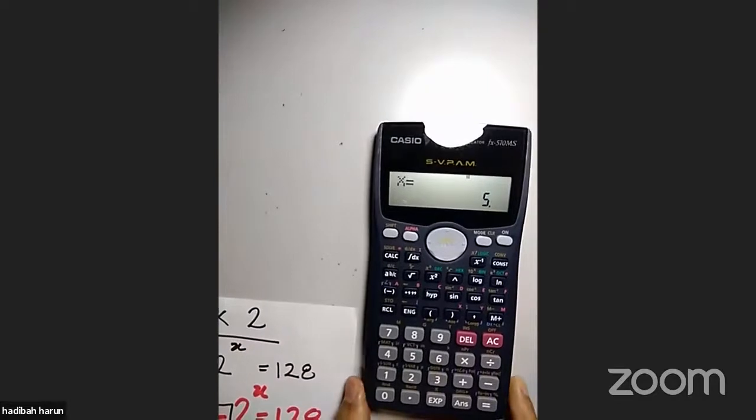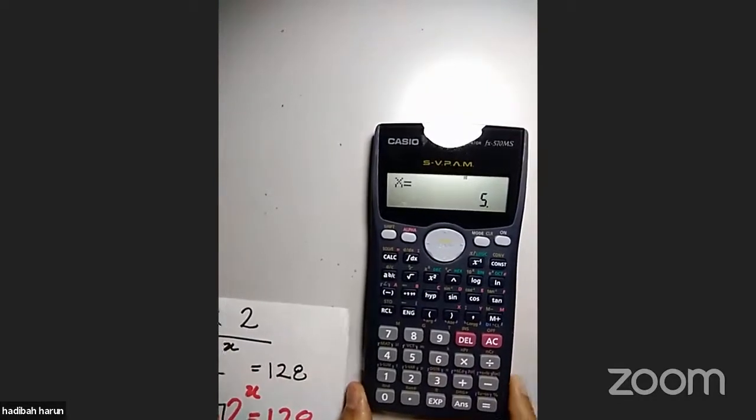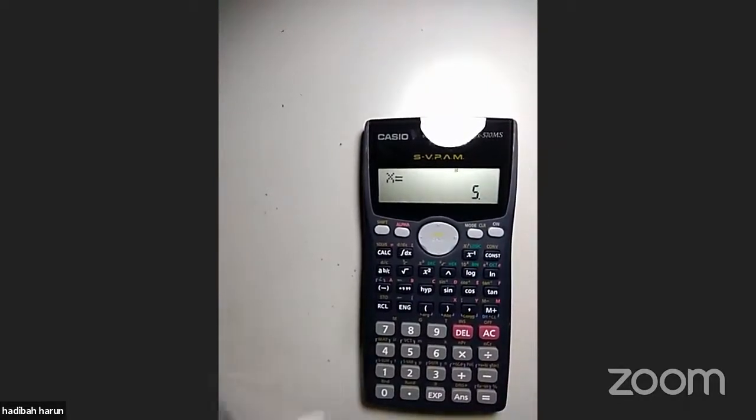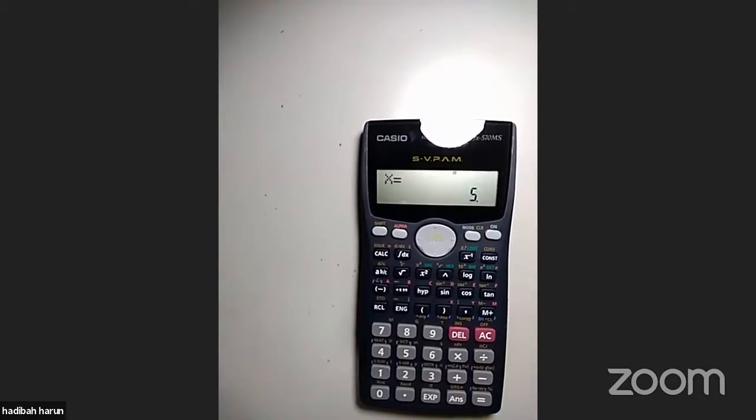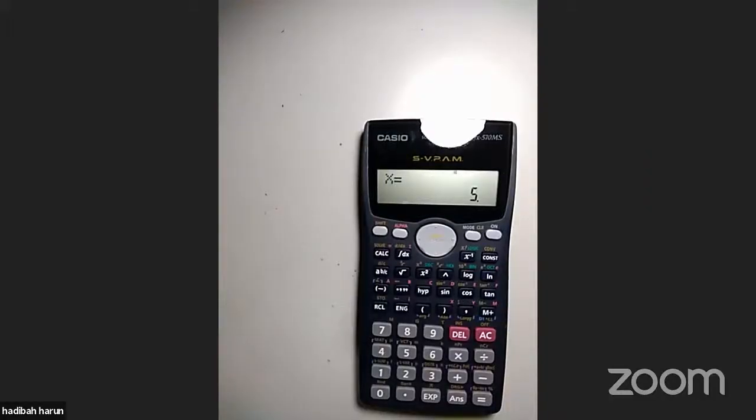So you can check by using your calculator. So we proceed to type 3.